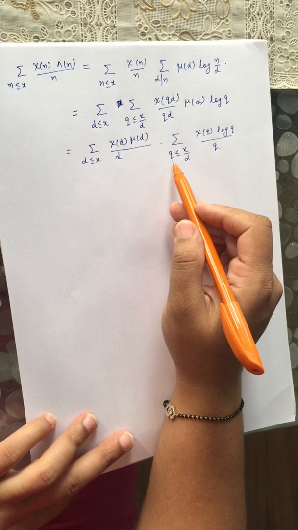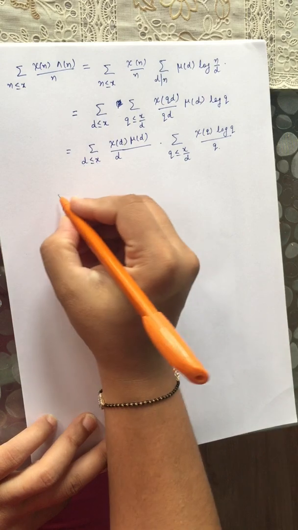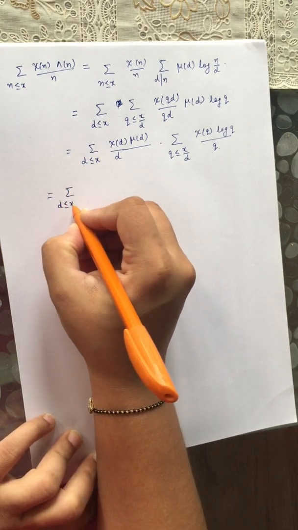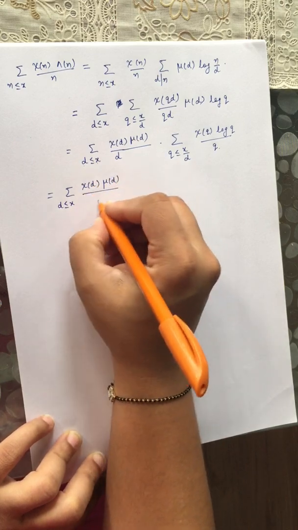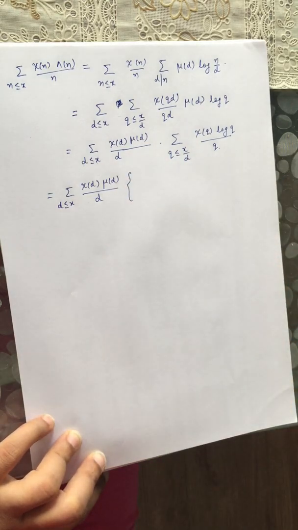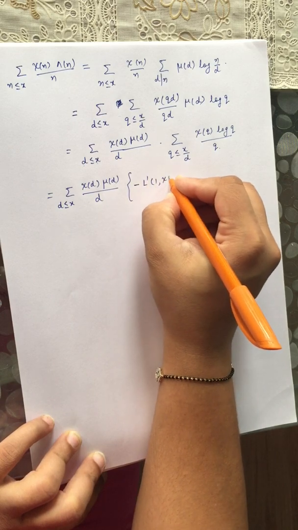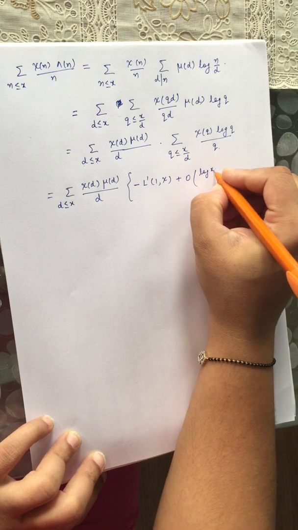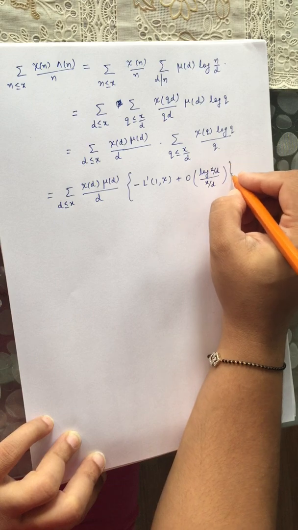So for the sum over q we can use the formula that is proved in the previous chapter. This sum can be written as minus L'(1,χ) plus order of log(x/d) divided by x/d.